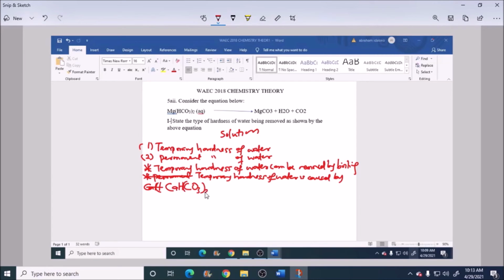So it is caused by calcium hydrogen trioxocarbonate and can be removed by boiling. Then we have the permanent hardness of water.